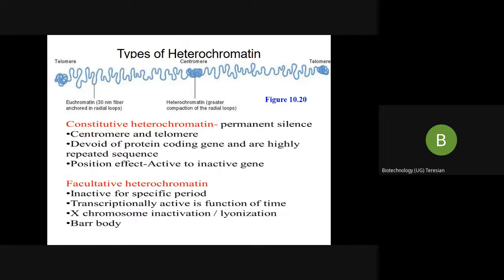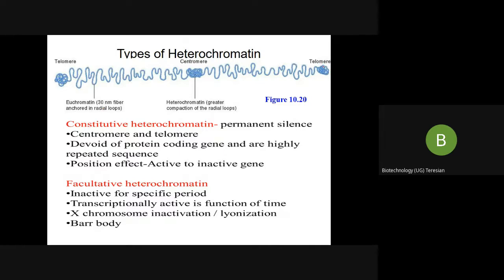So we are talking about the types of heterochromatin. What do we mean by constitutive heterochromatin? It means they are permanently silent. They are always silent and inactive. It consists of the centromere and the telomere. That is, it is present in the centromere and the telomere. This region is the centromere, and this region is the telomere.